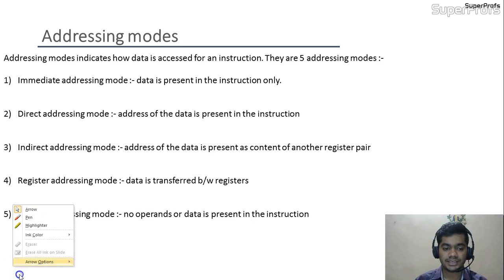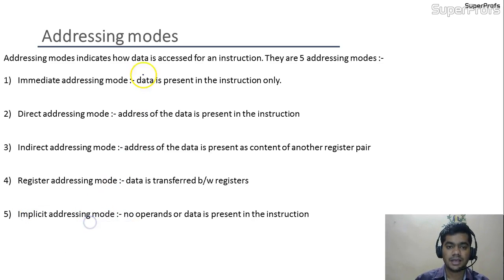Now we are going to see what are the addressing modes present in the 8085 microprocessor. So what does an addressing mode represent? It indicates how data is accessed for an instruction. There are 5 addressing modes available.